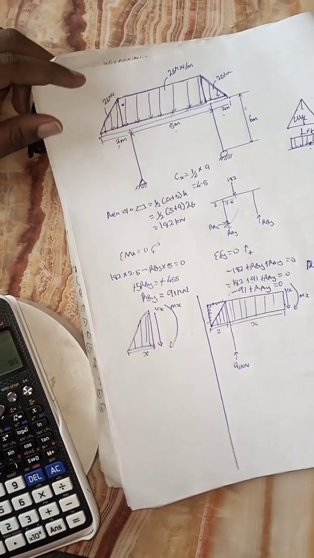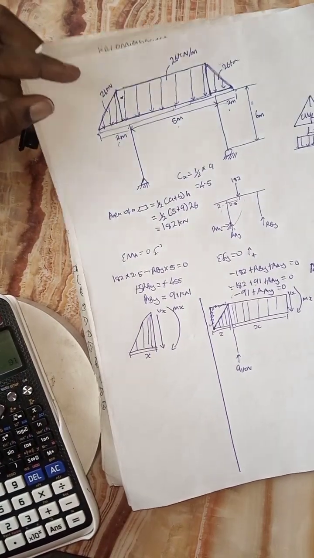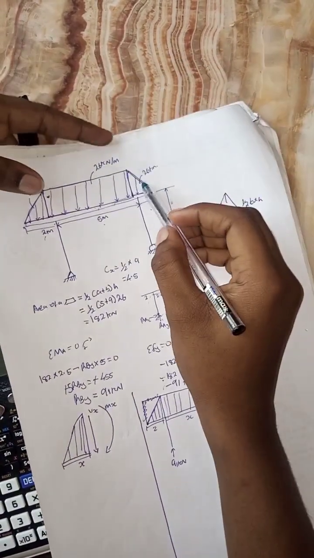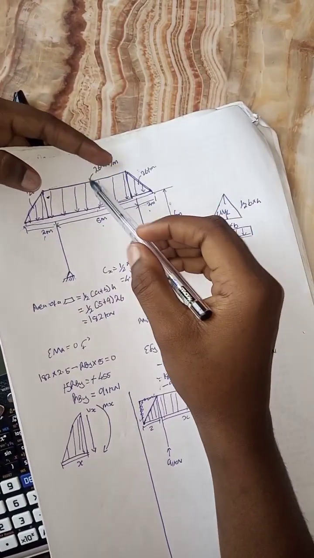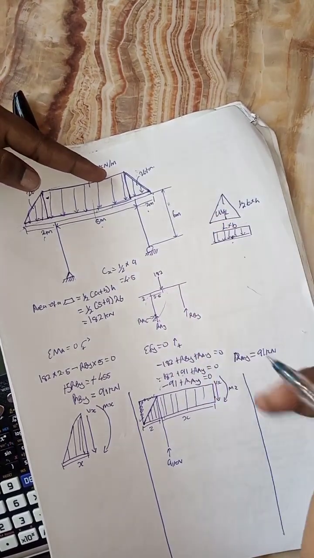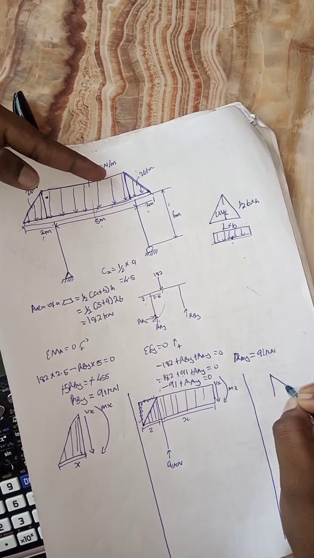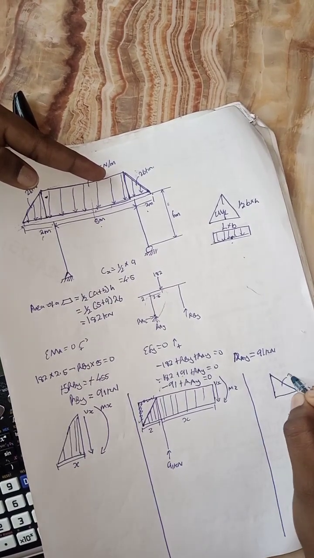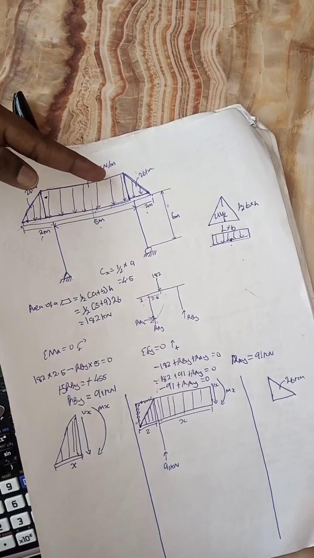And then the third one. If we section it here, it's going to give us issues with this shape. So we're just going to be taking this part, the end, which is going to be like this, right? This is 26 kilonewton.